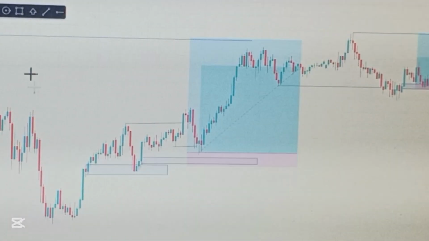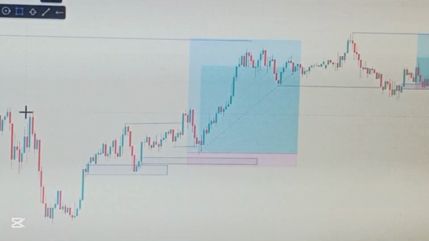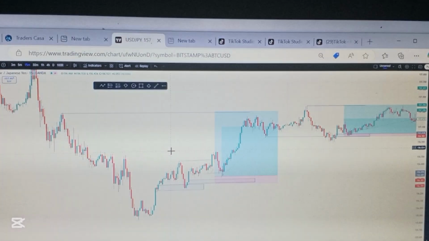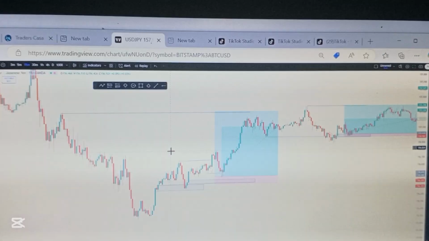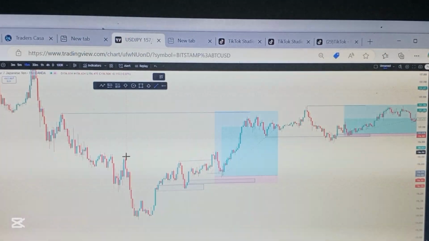I was waiting for the market to break above that high. You can see on my screen the market broke out from the high, a little breakout here.